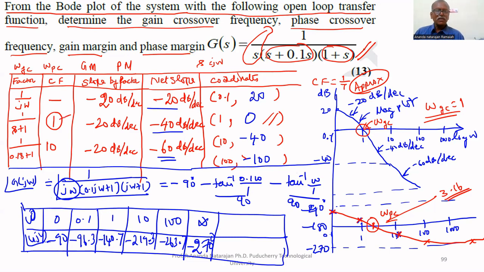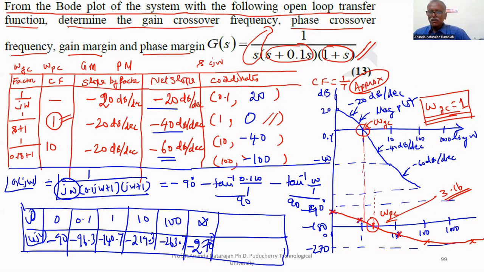That's why you will get a small error at that point, because the Bode plot is not true at corner frequencies. The answer is 1, but it is not the exact gain crossover frequency that we will see in simulation. But from an examination point of view, 1 is correct.